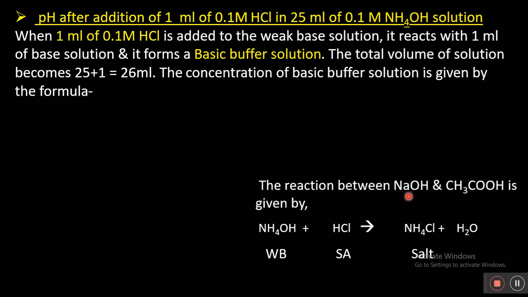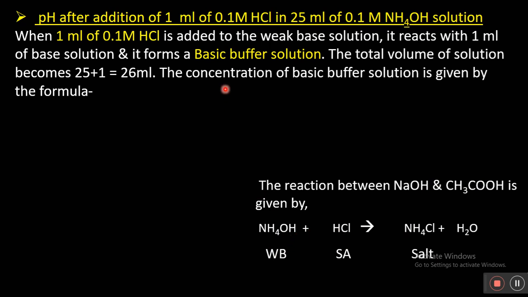Ammonium hydroxide is a weak base and HCl is a strong acid. Just neglect this, it is a printing mistake. NH4OH and HCl form ammonium chloride, which is a salt, and water. So a basic buffer solution is formed here.